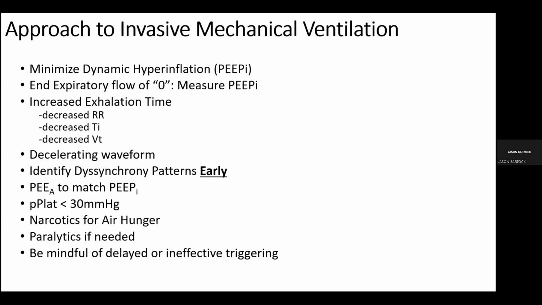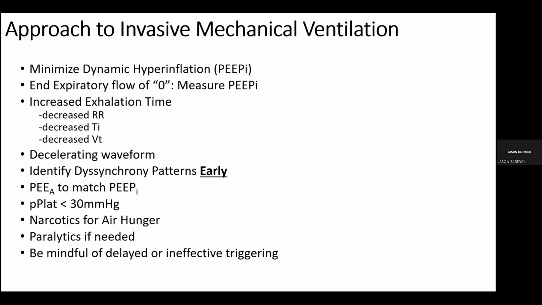Treat the underlying cause and think about applied PEEP to allow for better expiratory emptying of the alveoli. Decrease your respiratory rate, decrease your I time, which means deliver the breath faster so you have more time for exhalation. And then if needed, think about how much air you're introducing if you're able to decrease your tidal volume.